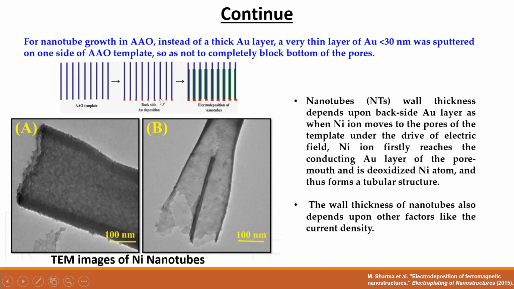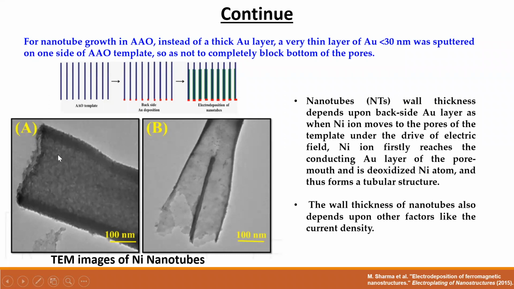Instead of completely covering the pores at the bottom backside with the gold layer, we deposit a very thin layer of gold so that it covers only the periphery of the pores. It does not cover the whole pore diameter. So when we start depositing, the deposition will occur only at these peripheries, and we can have the nanotubes as a result.